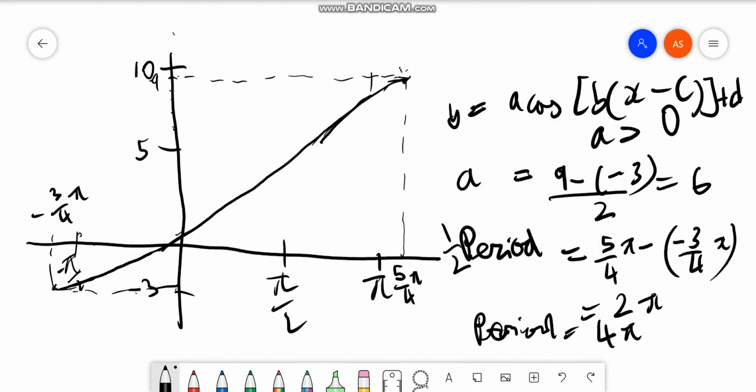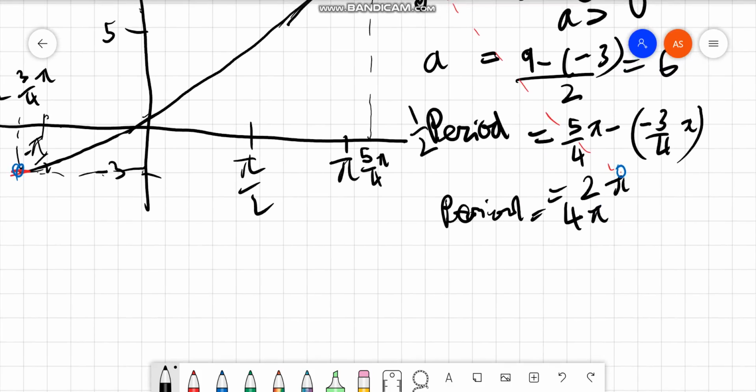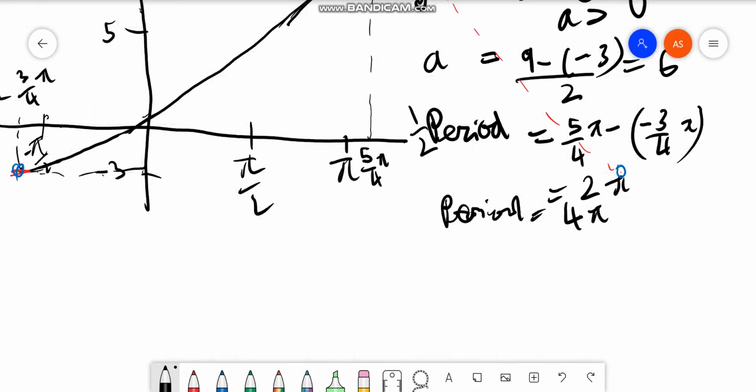That's only half because the period is from one point to the next similar point, but this point and this point are not similar because one is above, the other is below. But if from this point to this point is half a period, then double that and you get 4 pi. The usual period for cos is 2 pi, but this is double that.